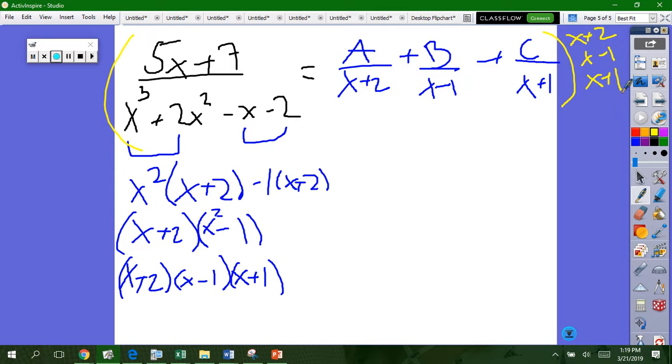So here we go. As I multiply that through, don't I get exactly what I have over here, 5x plus 7? Guys, if you don't just get this, you did something wrong, because that should be your common denominator right here, right? You with me on that?